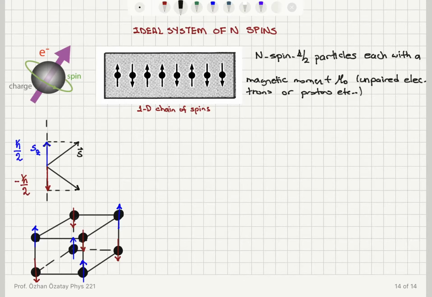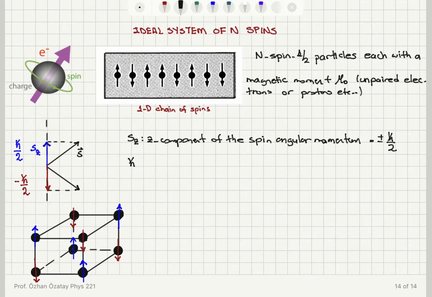Now, S sub z, the z component of the spin angular momentum is quantized. It can only have two values, plus or minus h bar over 2.